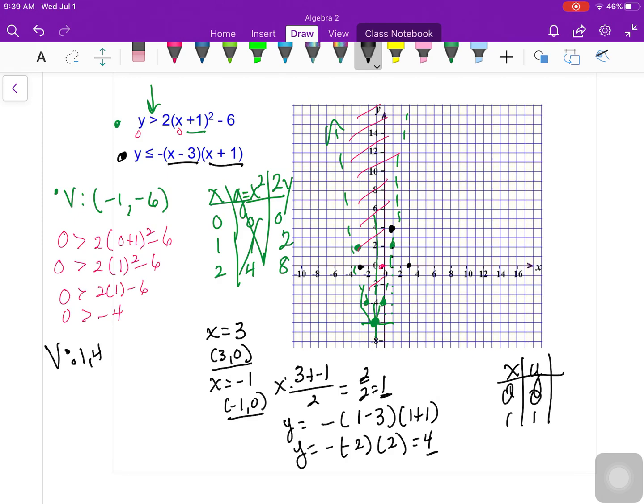So then, when I do my XY table, 1, 0, 0, 1, 1, 2, 4, and then I get a -1y, so 0, -1, -4. So here is my 0, 0, 1, -1, and symmetrically 2, -4, and symmetrically.